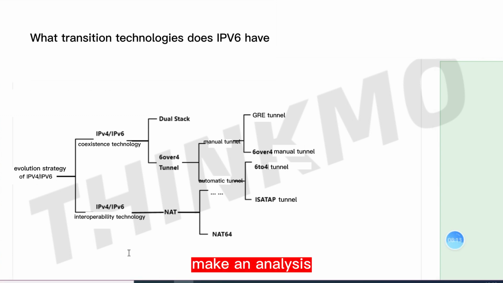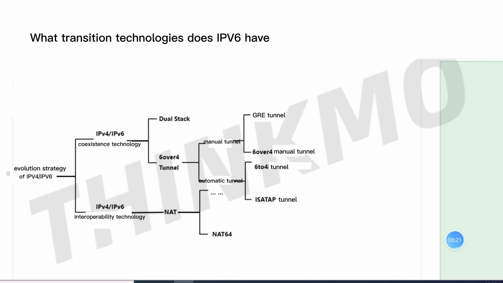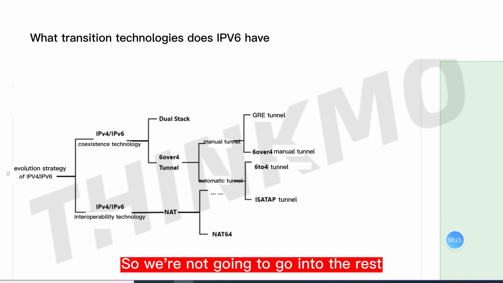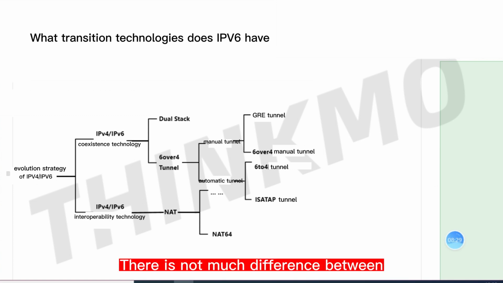Let's analyze the 6/4 tunnels. There are several types: manual and automatic tunnels. Let's talk about the difference. We're not going to go into the rest too much. There is not much difference between a manual tunnel and an automatic tunnel.